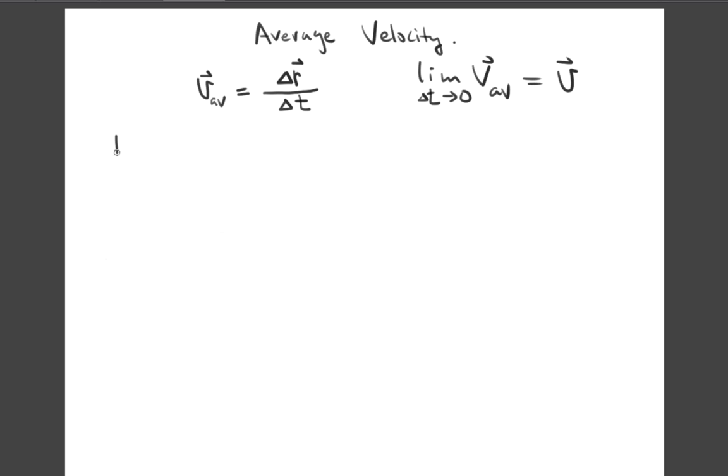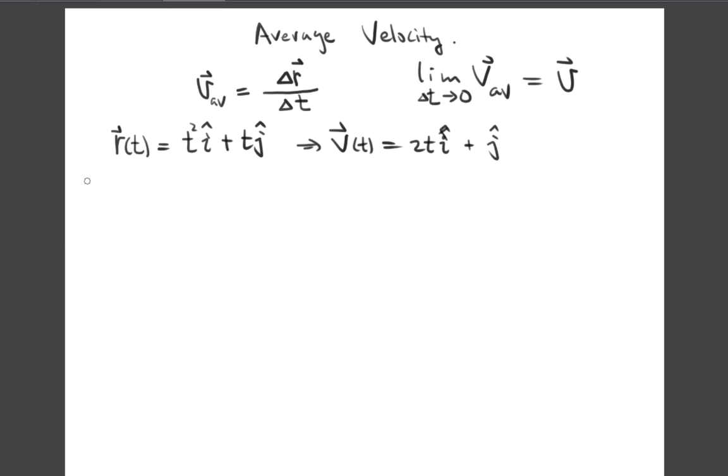Suppose we know a position vector as a function of time is given by t squared i hat plus t j hat. Then the instantaneous velocity as a function of time is given by dr/dt, which is 2t i hat plus j hat.